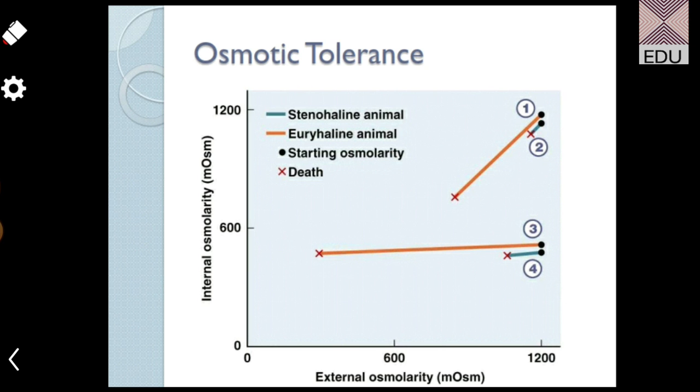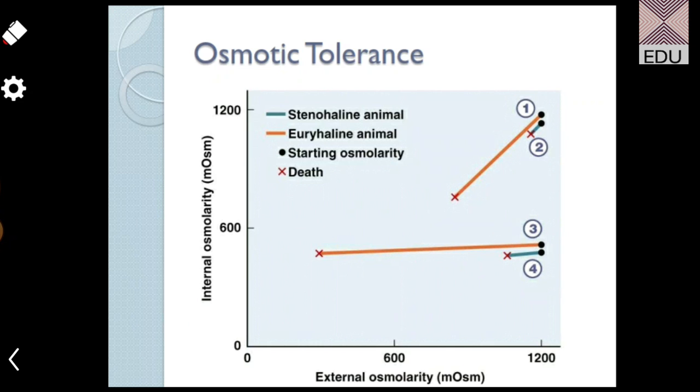What the line is telling us is that this is the internal osmolarity, this is the external osmolarity. So this is the internal medium, this is the external medium. Can you give me the answer: is this line for a conformer or a regulator? Yes, this is for a conformer.